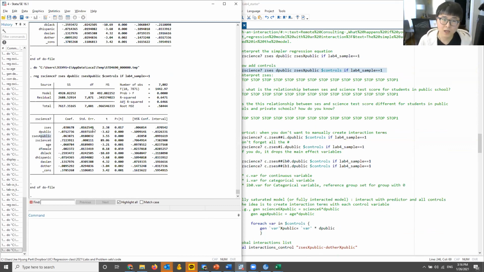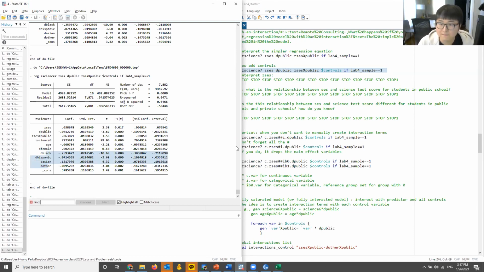But the way these control variables relate to science can also be moderated by whether you're in public or private school. The way age relates to science may be different for someone in public school and private school, or if you're female or not, or of a certain ethnicity or race.